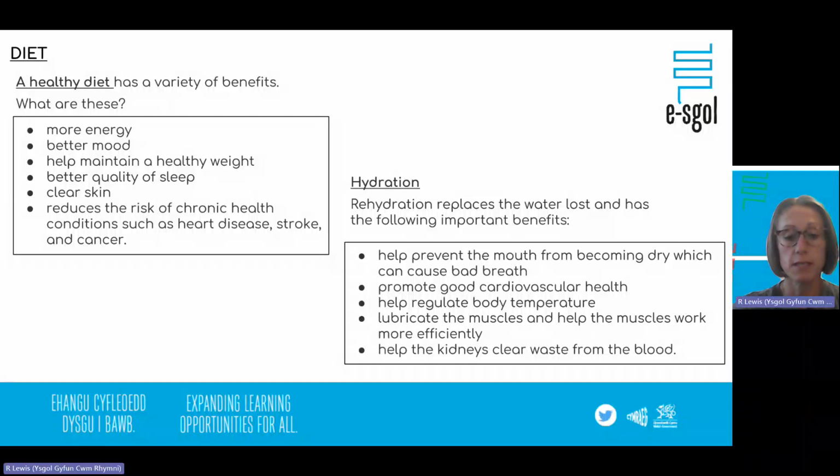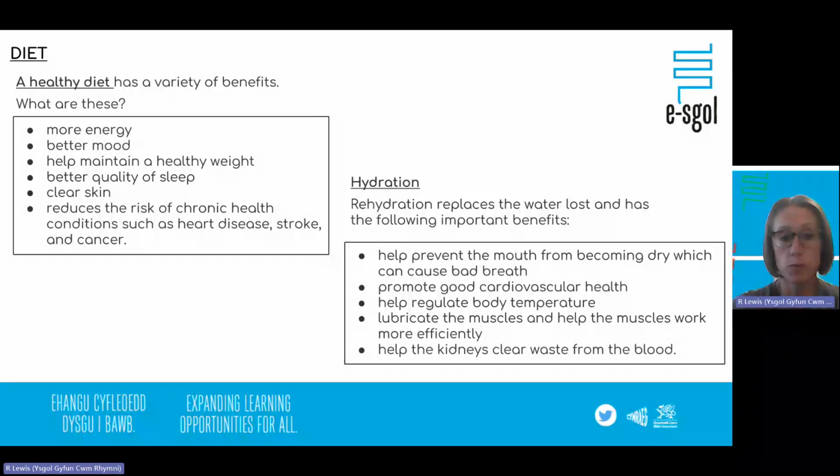Okay, so next tonight we're going to talk about diet, and obviously how a diet can affect our body and lives in a positive manner and also in a negative manner. So basically, what are the benefits of a healthy diet? Okay, so if we're looking at the physical benefits of a healthy diet, we of course have more energy.